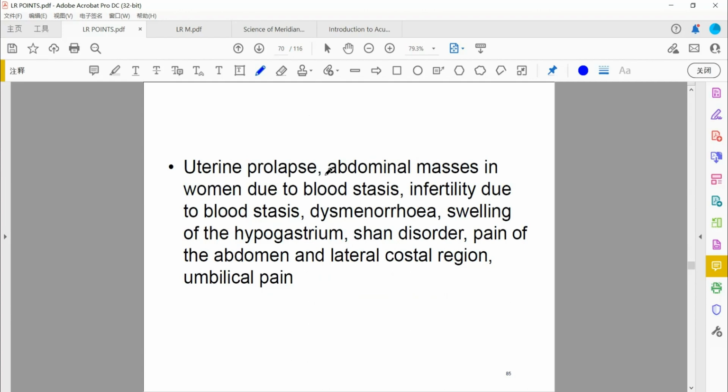Uterine prolapse, abdominal masses in women due to blood stasis, infertility due to blood stasis, dysmenorrhea, swelling, hypogastrium, shan disorder. So that's the lower jiao, and here we pay attention to the lateral costal region and hypochondrium.